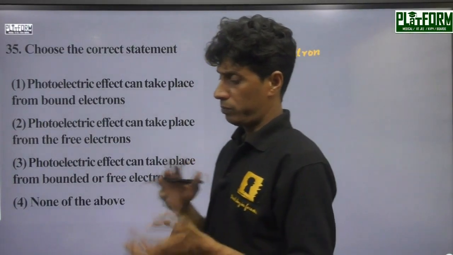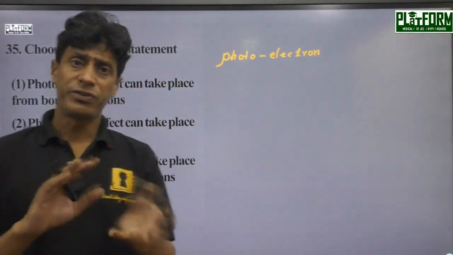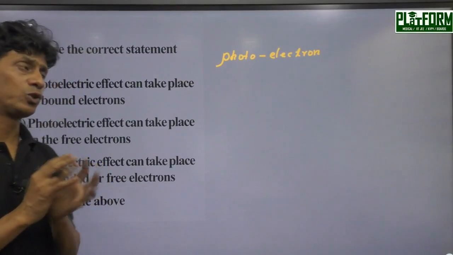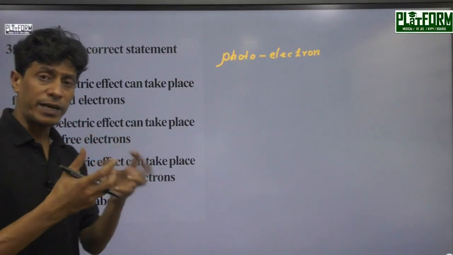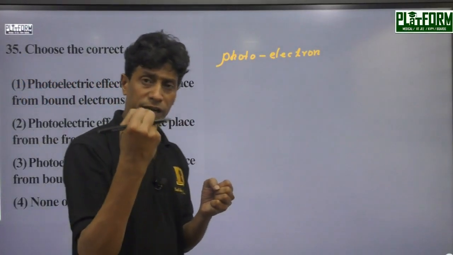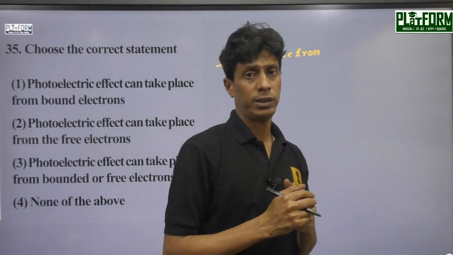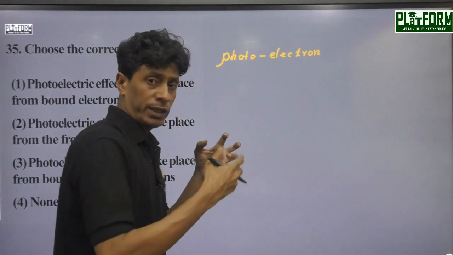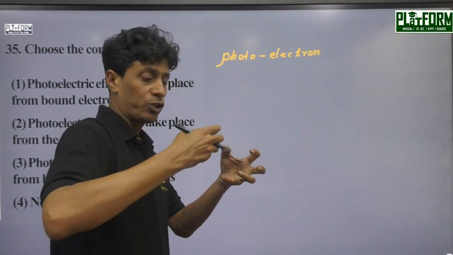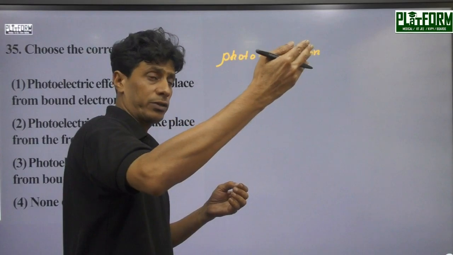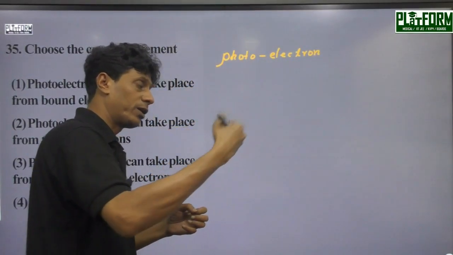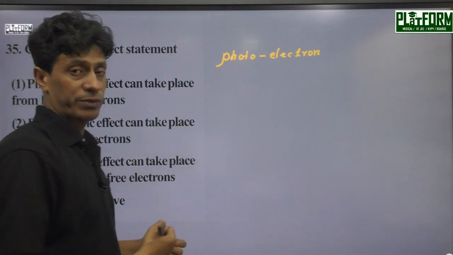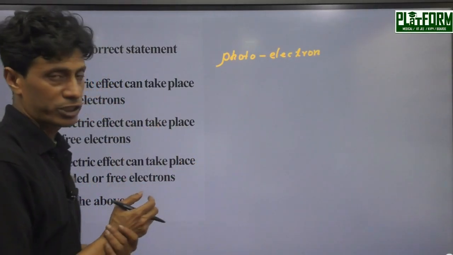The quasi-free electrons, loosely bound with the nucleus, can easily absorb the quantum energy of a photon, and from the energy of the photon, the electron goes to a higher state, and if the energy is sufficient, it will come out of the metal surface, and these electrons are known as photoelectrons.